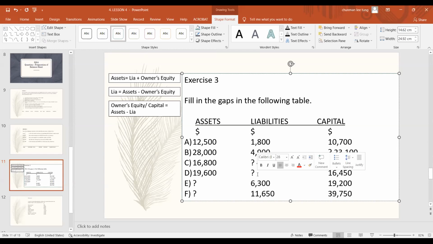D, again, assets minus owner's equity, $3,150.